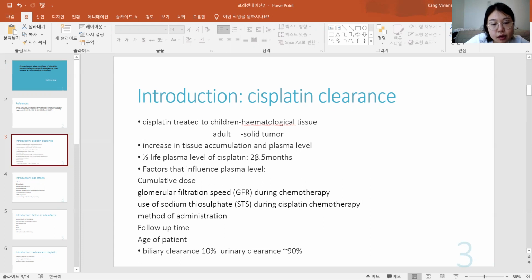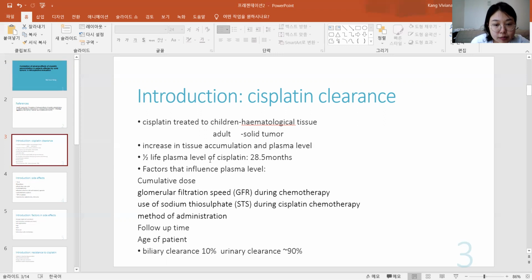However, the plasma level of cisplatin differs by tissue. The half-life gets shorter as tissues regenerate rapidly, but in contrast, the half-life gets longer as tissues regenerate more slowly.